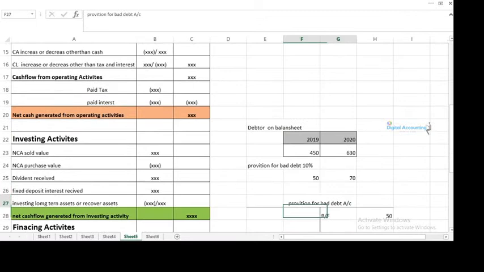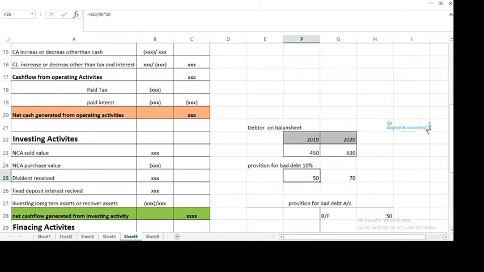For example, in this balance sheet, you can't compare how much increase from 100 and from 630 minus 450. If you take that value, that is not the actual value. You can't compare like that. So you need to compare the full amount of value before the provision was deducted, right? Therefore, you need to get the full amount back.